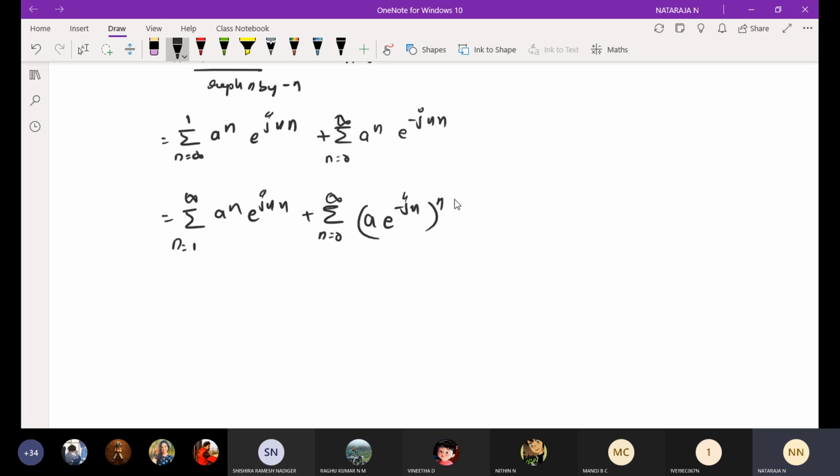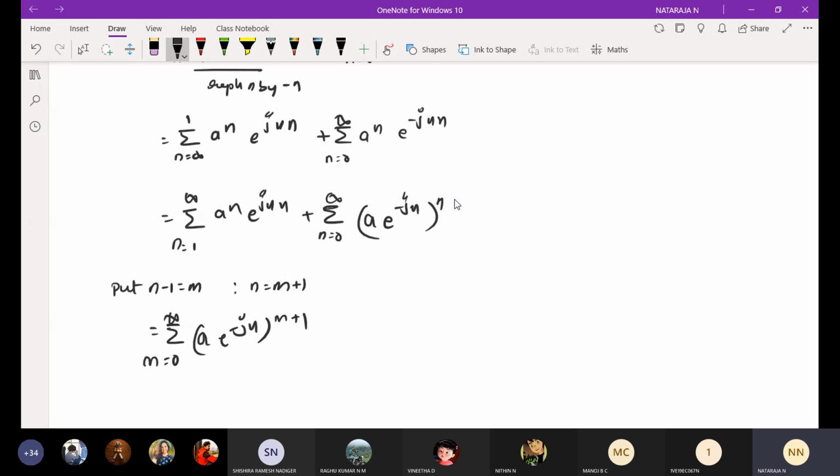Now I am going to make this start from 0. Put n minus 1 is equal to m, or n is equal to m plus 1. Limits will be 0 to infinity, summation m is equal to 0 to infinity. a into (e power j omega) whole to the power of m, since n is replaced by m plus 1.